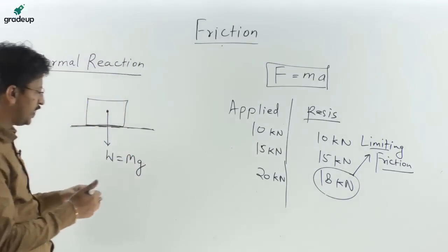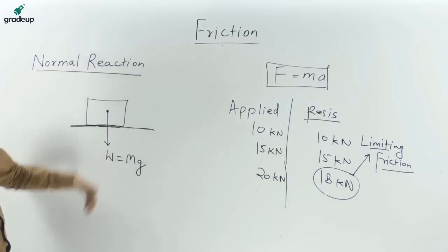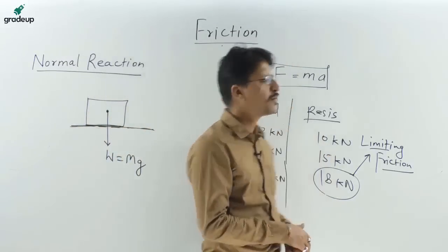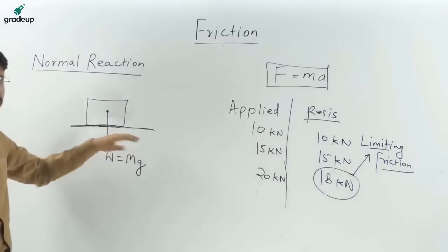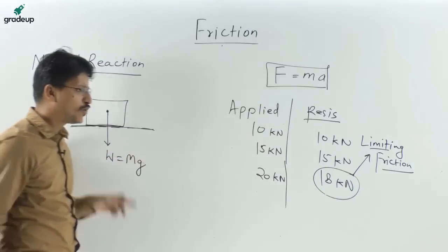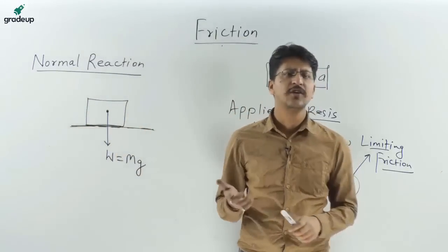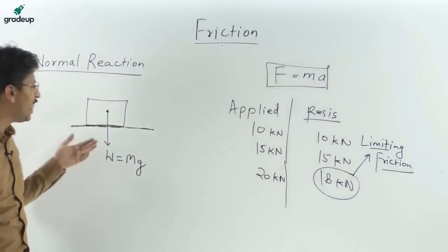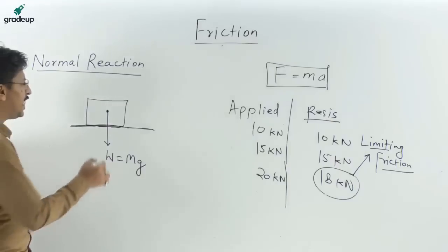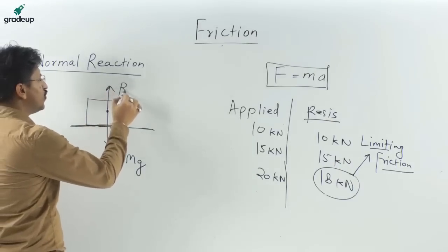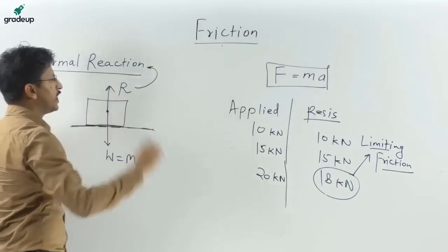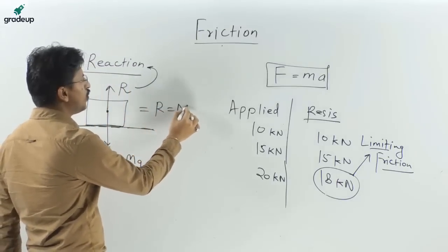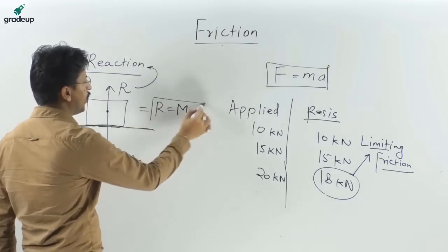Otherwise, if it is acted upon by the force mg in the downward direction, there would be an acceleration downward. But that is not happening because the body is at rest on this surface. That means there should be some reaction force that the body experiences in the upward direction, and that upward reaction is known as normal reaction. In this case, the normal reaction is equal to the weight of the body.